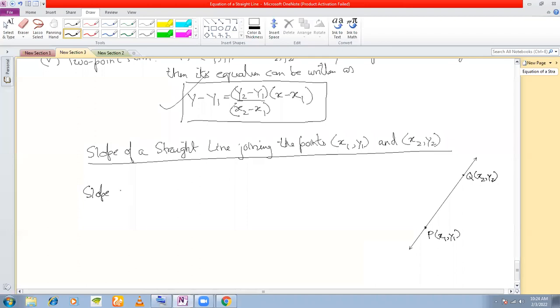Slope of the line PQ, slope is denoted by m. And since you know the coordinates, the formula here is y2 minus y1 by x2 minus x1. Okay, so whenever 2 points are given on a straight line, apply this formula to find out the slope or the gradient of a straight line.